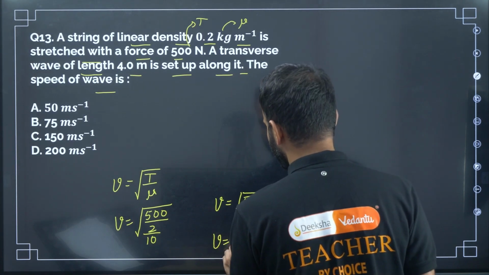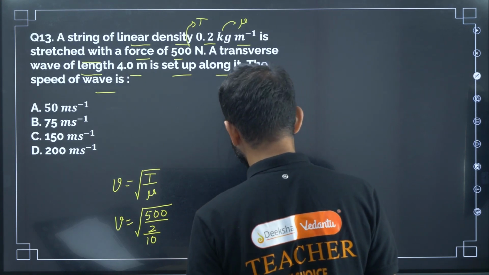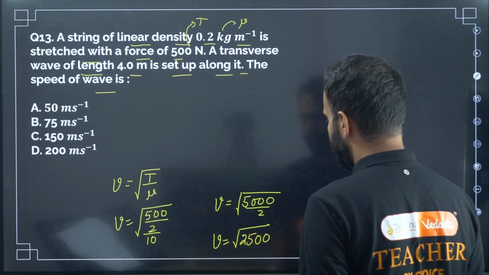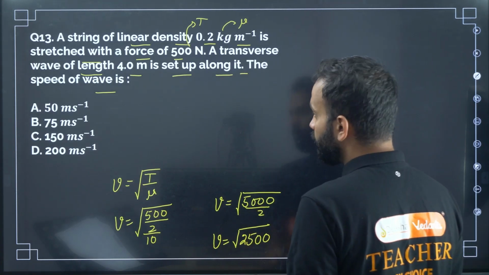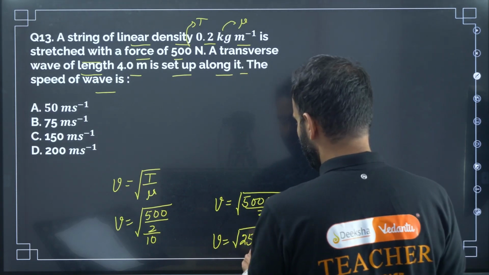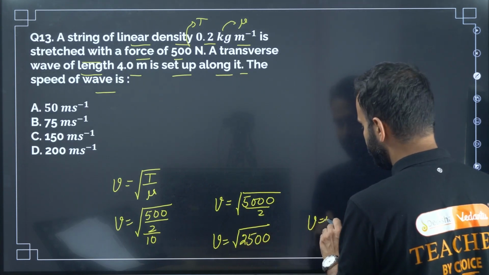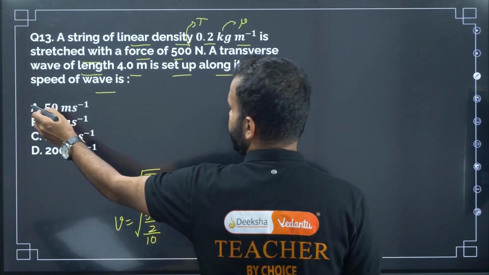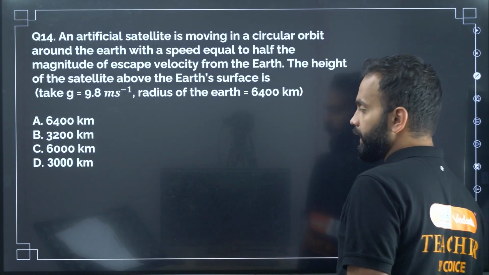So v equal to root of 2500. What is the root of 2500? 50, right? So v equal to 50 meter per second. That's it. So the correct option is A. Okay, next question, question number 14.